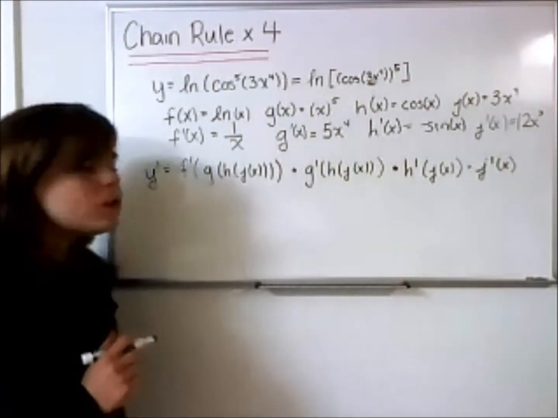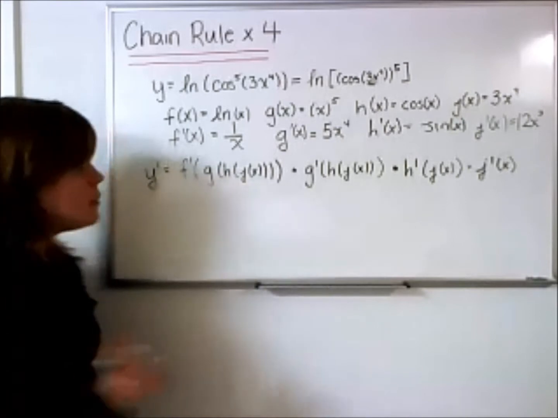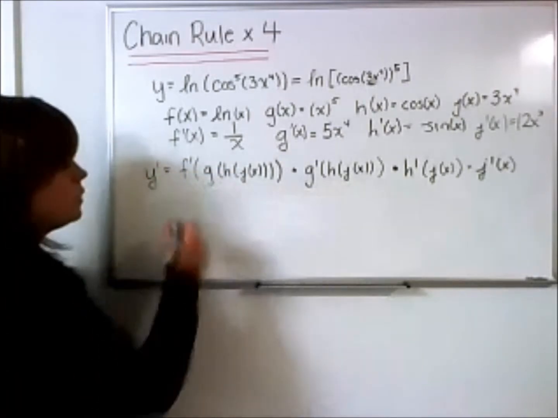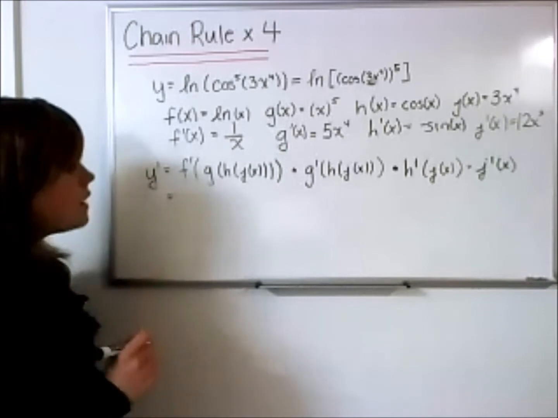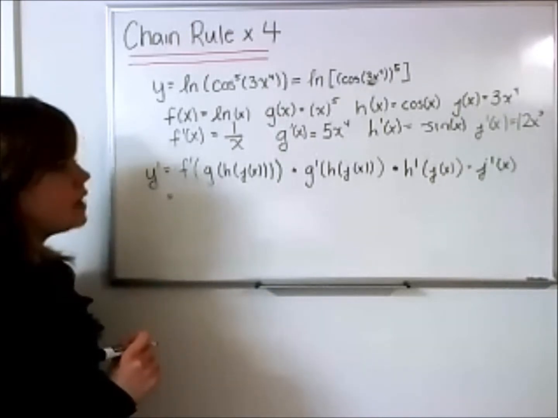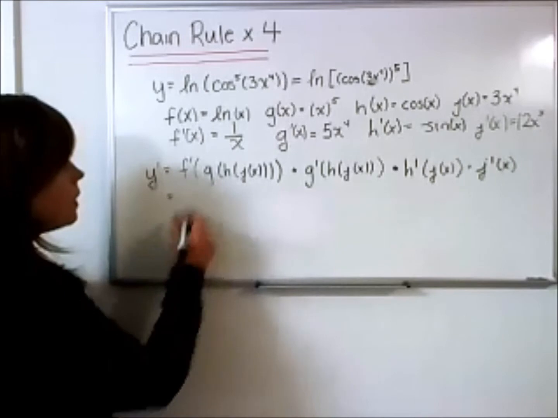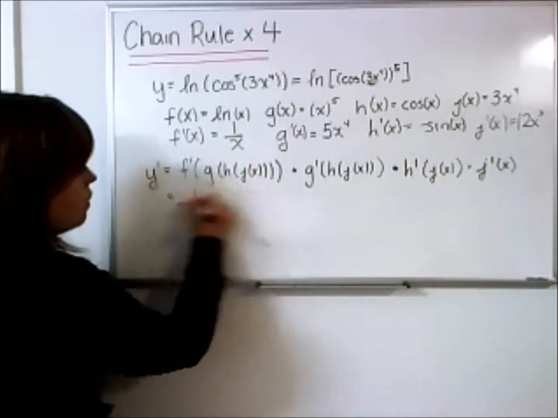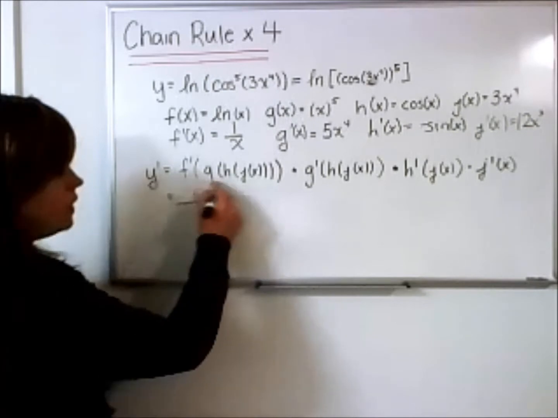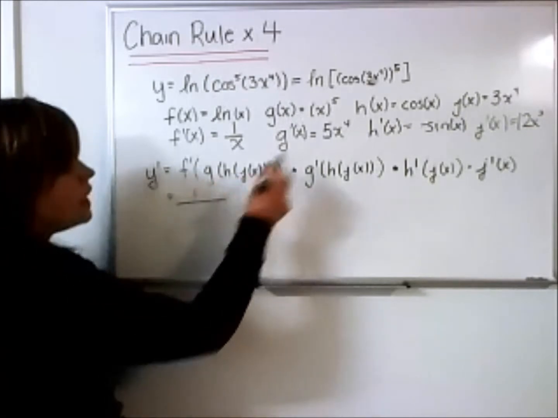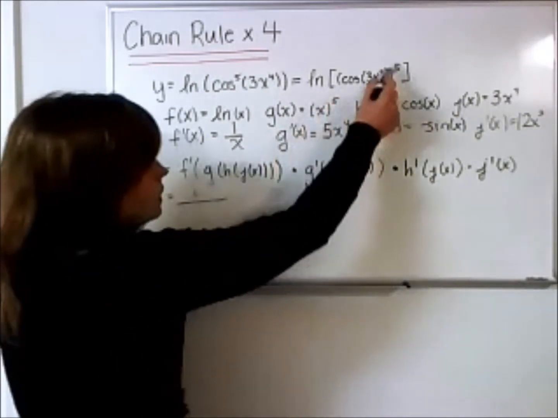Alright, now that we have all our components set up, let's plug it into this nasty equation. So we'll get y prime equal to f prime of g of h of j of x. Okay, so 1 over g of h of j of x, which is actually just this thing right here.